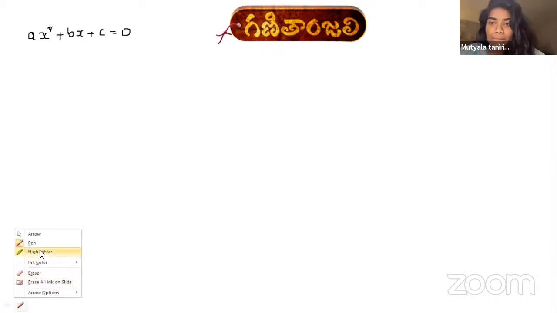Is it the same there also? Yes. Here a, b, c are called coefficients. A is a coefficient, B is a coefficient, C is a coefficient.